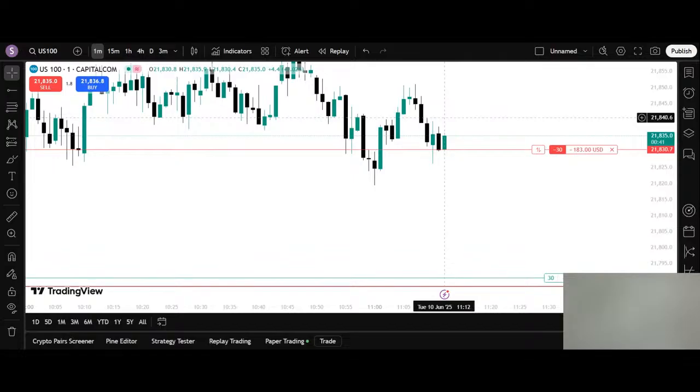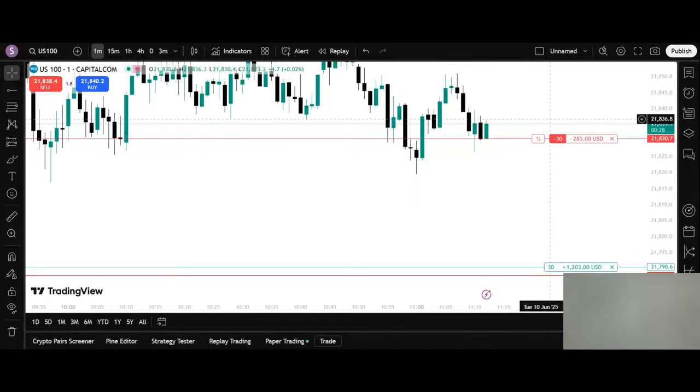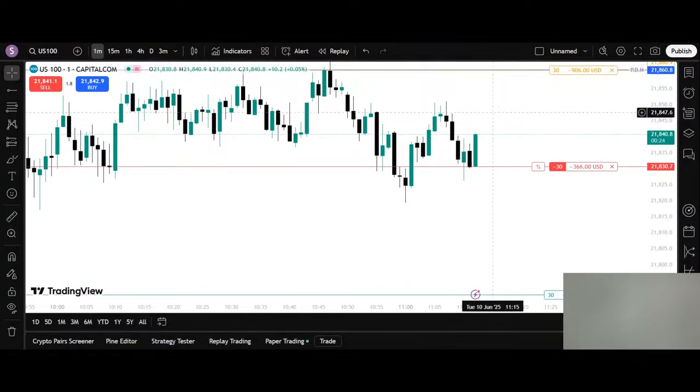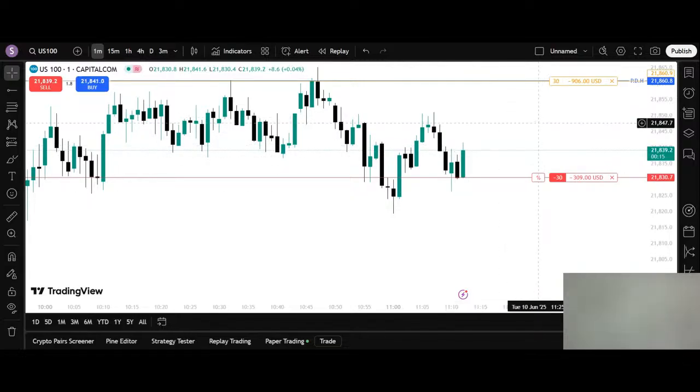It's using my entry as a support or resistance. Let's just wait for it. That is not really a good sign, but the candle hasn't closed yet.